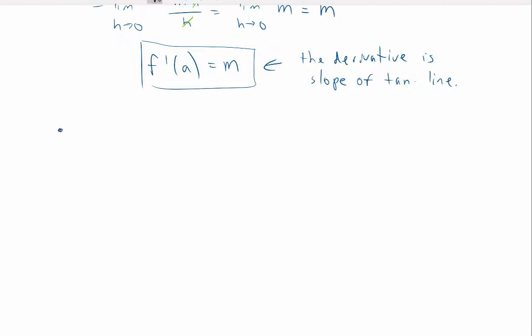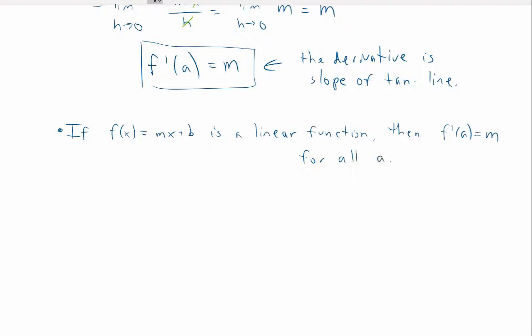This is an important theorem, an important rule that's always true: if f of x equals mx plus b is a linear function, so if we have any linear function, then f prime at a equals m for all values of a.